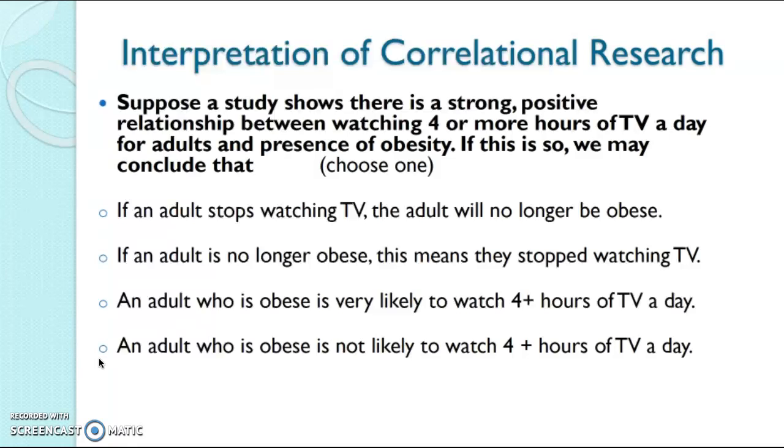Take a moment to read through this, pause it, and see if you can get the correct answer. Okay. This is very similar to the previous example, but this time it's a positive relationship. So we have to be careful about language that sounds too causal. We cannot do that.